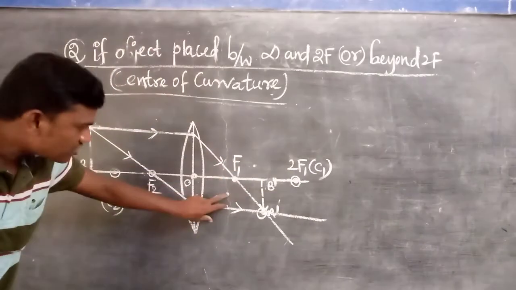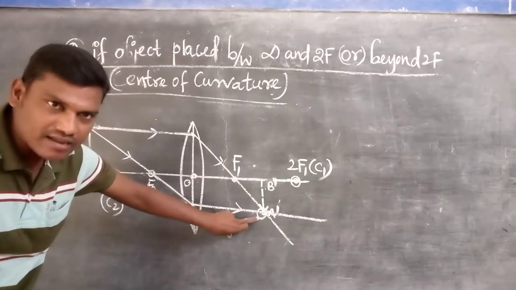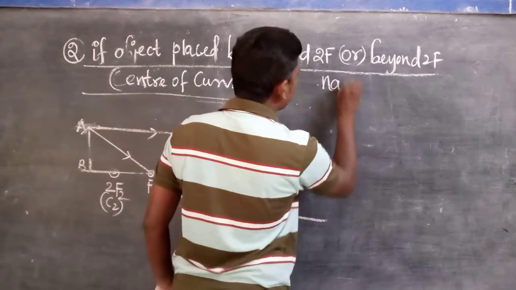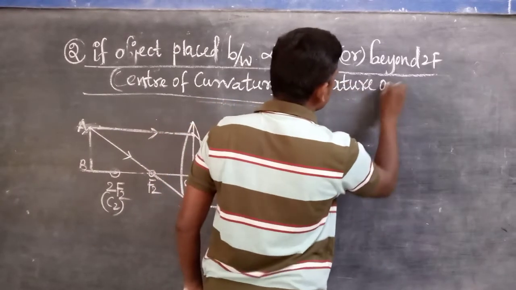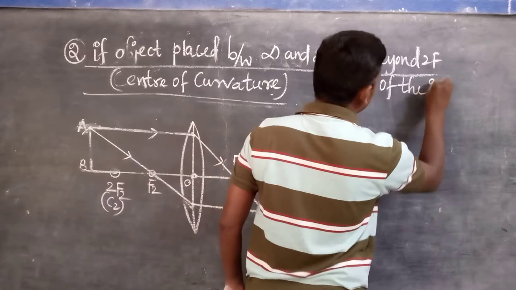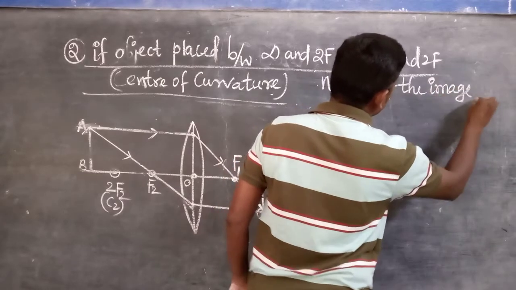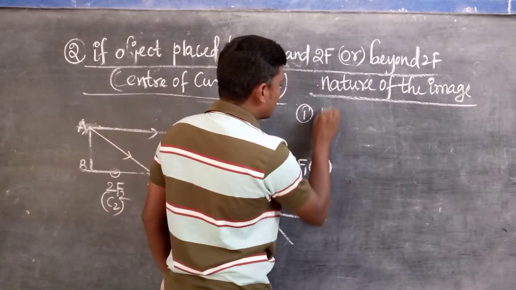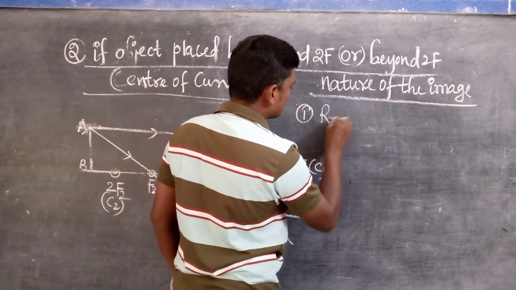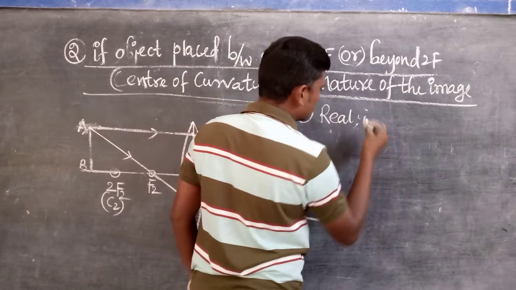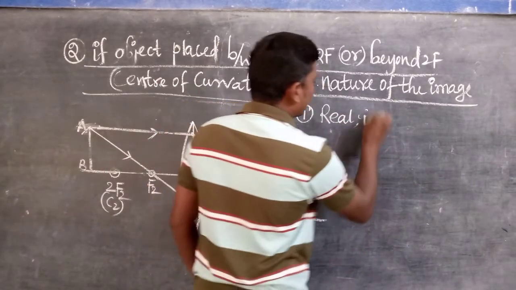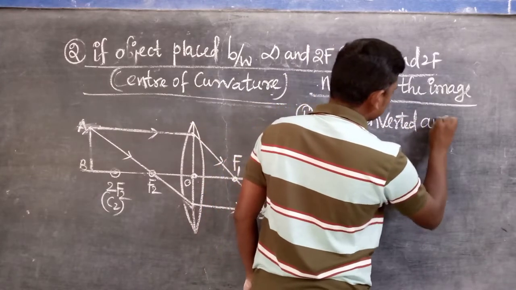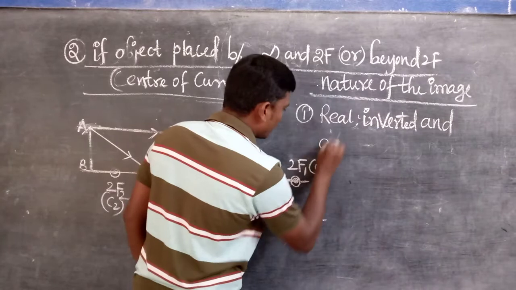Here after the refraction, do the two rays really meet or not? Yes, they really meet. That's why which image will be formed? Nature of the image. What is the nature of the image? First one. Okay. Real, inverted and diminished.